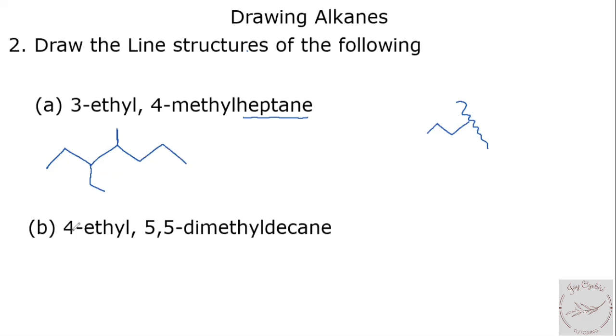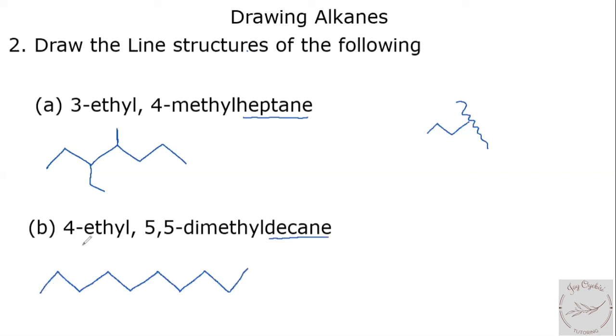For this one, you have 4-ethyl, 5,5-dimethyl decane. Now this represents a 10 carbon chain, and we'll start counting again from your dots: 1, 2, 3, 4, 5, 6, 7, 8, 9, 10. Good.